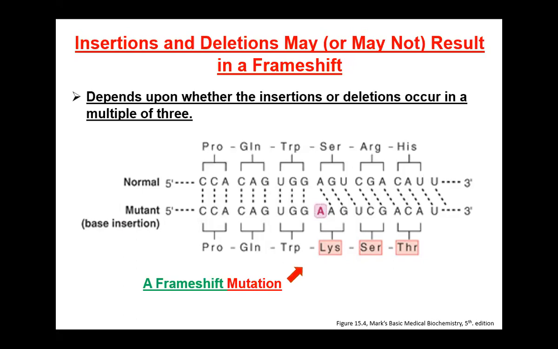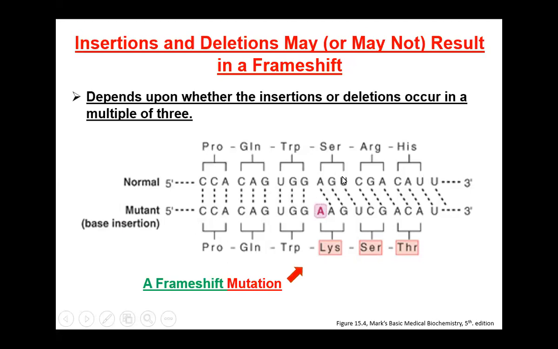Yeah, exactly. So now, if we were to add or subtract nucleotides in a multiple of 3, let's just say for the sake of argument that we deleted, in this example here, the AGU. What would follow downstream from where the serine used to be?